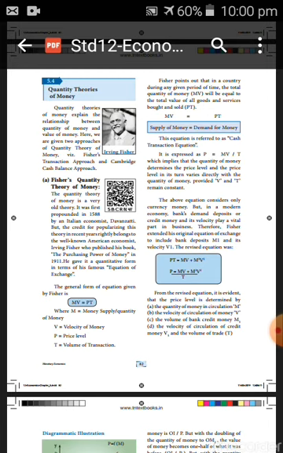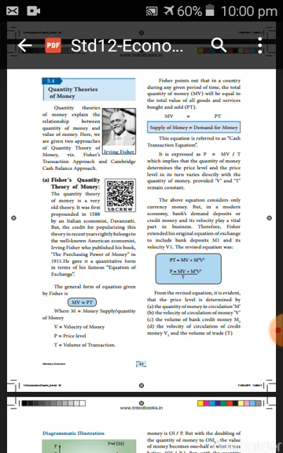There are two approaches. One is Fisher's transaction approach and another one is Cambridge cash balance approach. Now we are going to see about Fisher's transaction approach.